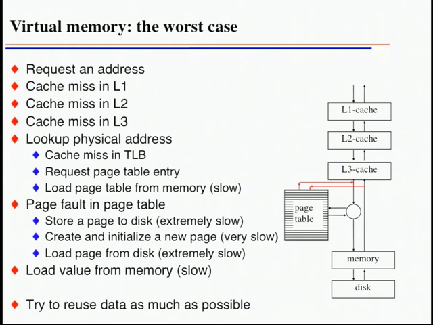So the worst case, if you want to read something from memory, is you say, I have this address, I want the corresponding data. So you tell your memory controller, get me that address. It will go to level 1 cache. It will not be there.